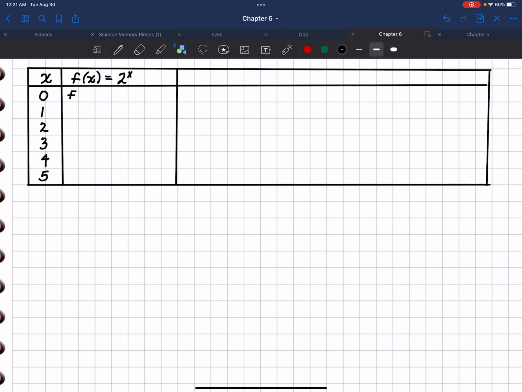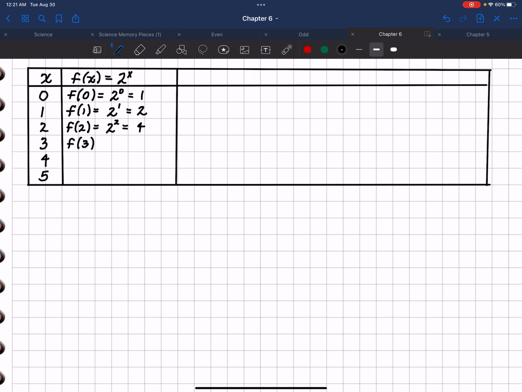So we have f of 0 equals 2 to the 0 power. Anything to the 0 power is 1. Then f of 1, we have 2 to the first power, which is 2. F of 2, we have 2 to the second power, which is 4.